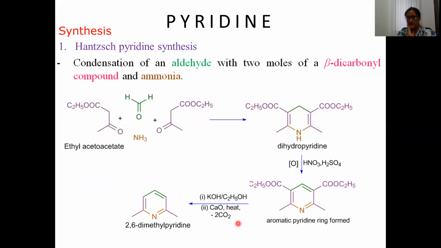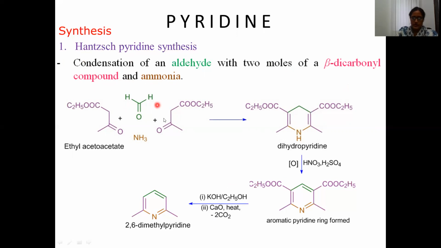So here are some of the syntheses which are used for the synthesis of pyridine. The first reaction by which we can synthesize pyridine is the Hantzsch pyridine synthesis. In this reaction, there is condensation of an aldehyde with 2 moles of beta dicarbonyl compounds and ammonia.